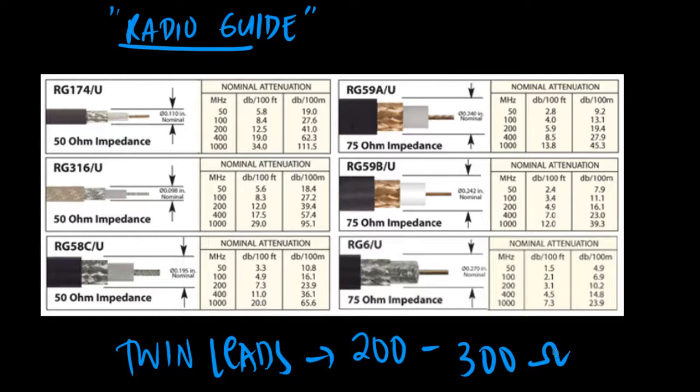So 200, 250, 300 ohms. As you can observe, the frequencies for coaxial cable are in the megahertz range. Attenuation is measured in decibels per 100 feet or decibels per 100 meters. It's part of the specs and you should see that printed on the coating of our coax cables.